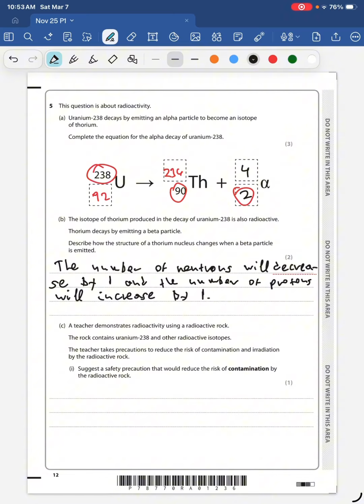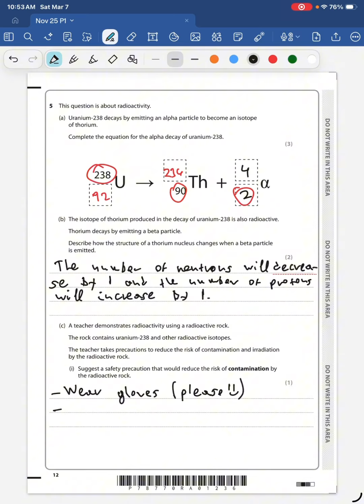Suggest a safety precaution that will reduce the risk of contamination by the radioactive rock. Wear gloves, please. Don't write this in the exam.